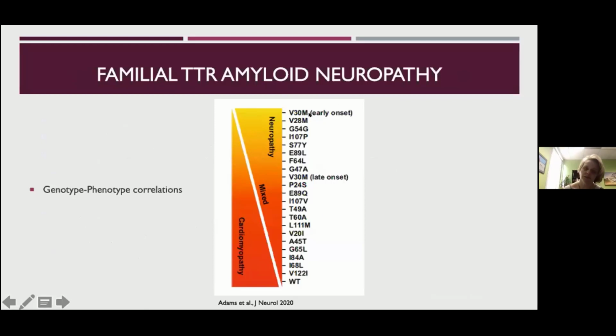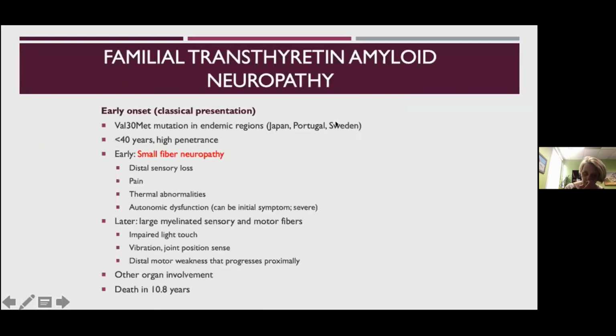I will start with a classical presentation of V30M. It's an early onset familial transthyretin amyloid neuropathy. It's mainly in endemic regions, Japan, Portugal, and Sweden. Patients are less than 40 years. It has a very high penetrance, meaning that if somebody has this mutation, the chance that he gets a neuropathy is high. It presents with early small fiber neuropathy.